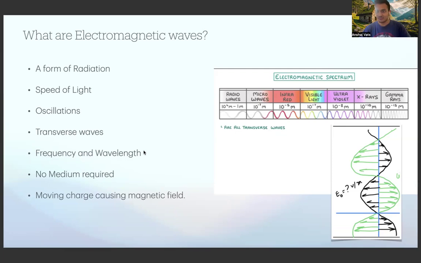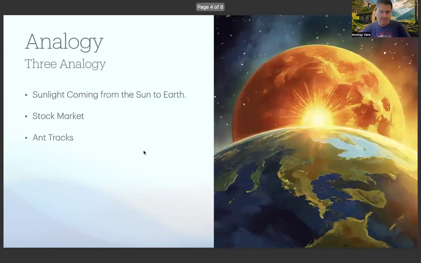And one of the main features of electromagnetic waves is that they don't need any medium to propagate, unlike sound waves. One of the biggest examples of this is the sun and the earth. We all know there are millions and billions of atomic reactions happening every second on the sun to give us the light.